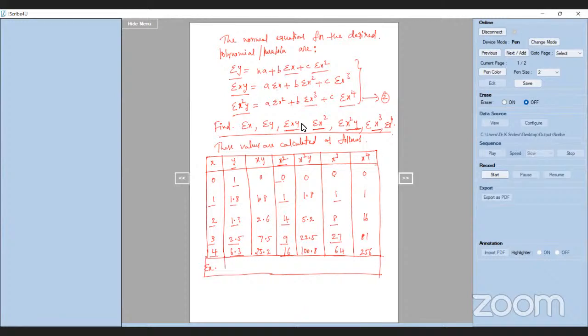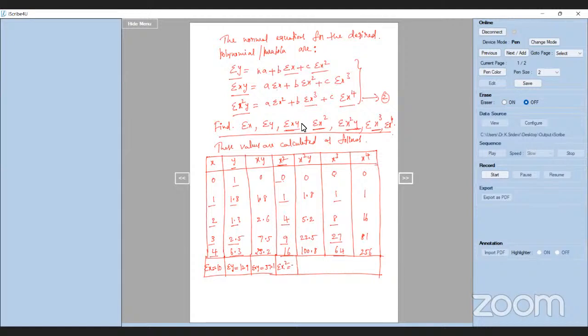Summation x means the sum of all the x values: 10. Summation y: 12.9. Summation xy: 37.1.